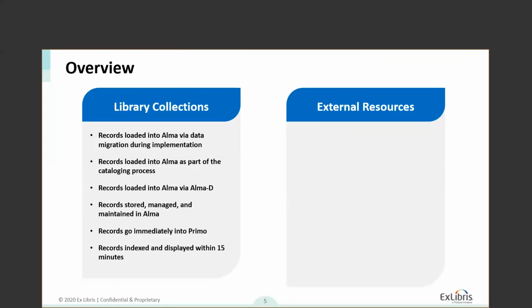This is obviously things we already know, but just comparing them with the external resources, these are from sources that are not currently loaded into Alma, so they wouldn't have been part of your migration project. They might have been loaded as part of your Primo V setup, but they're digital repositories where the resource is stored outside of Alma, outside of Primo V. It could be LibGuides, it could be other digital repositories, ContentDM, DSpace repositories, where the records are managed and maintained in the source system.